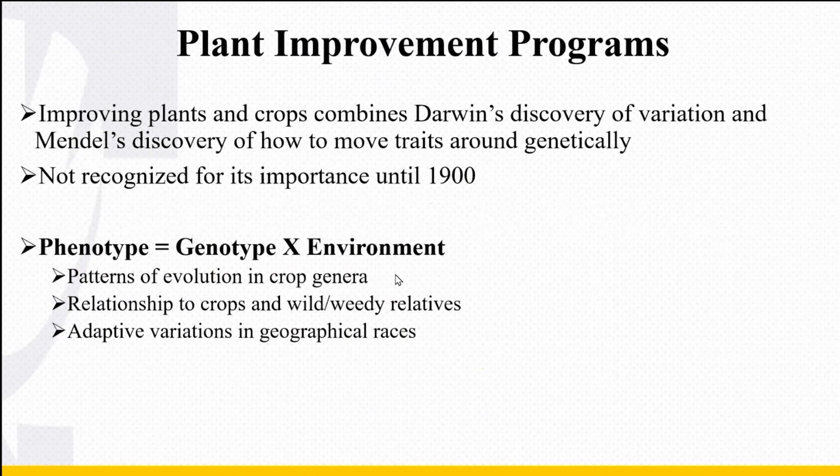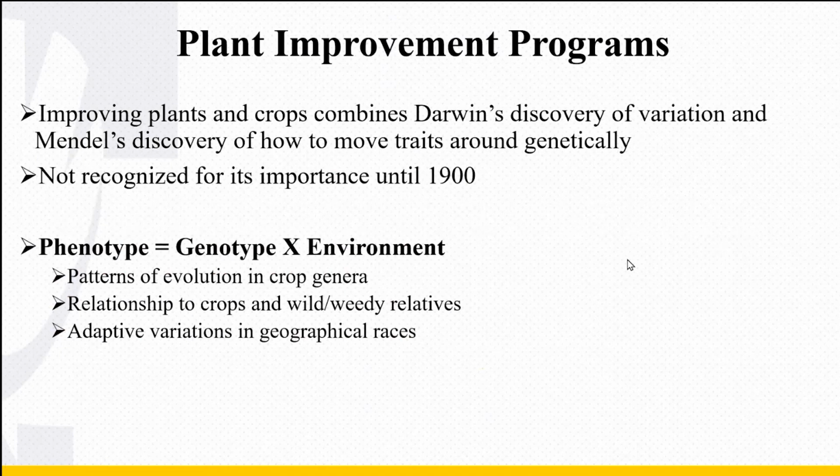And that is actually a function of genotype, which is the genetics, crossed with the environment. We found that environment plays a role in that as well because of Darwin's discovery of variation and survival of the fittest.